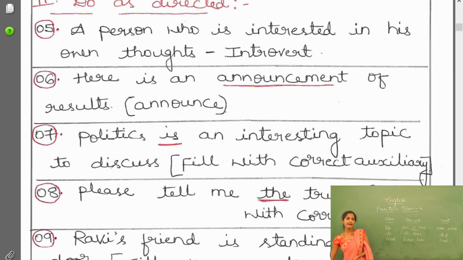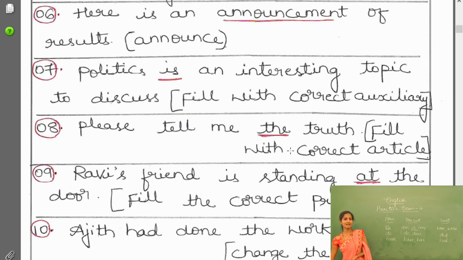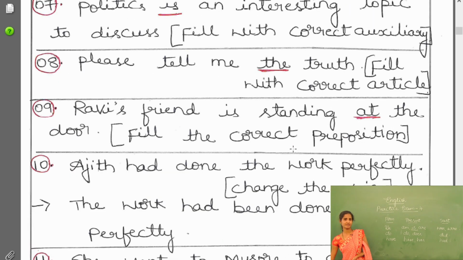Next, eighth question. Eighth question is, please tell me dash truth. And the answer you know already: please tell me the truth. They have asked you to fill the correct article. Which article do you have to use there? The truth. You all know about articles. There are two types of articles, definite and indefinite. When it is definite, you have to use the.